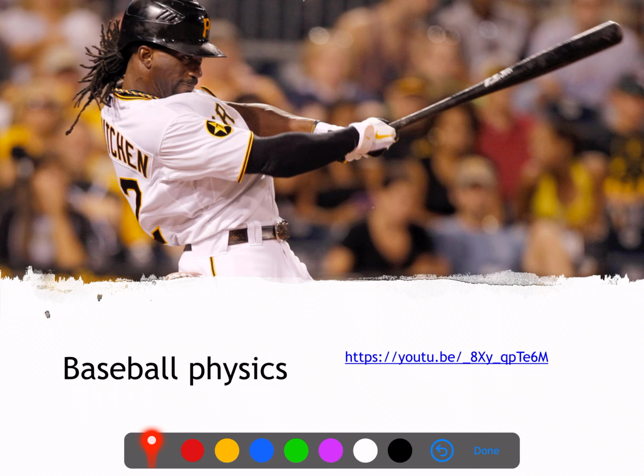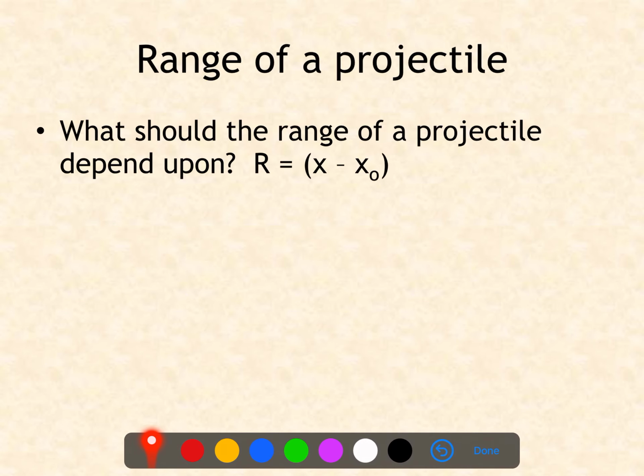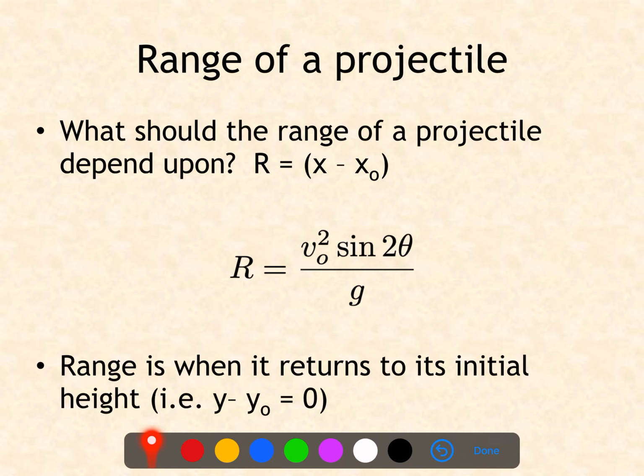You can go through the derivation in your book if you want, but you can just use this equation directly rather than combine equations. This equation will tell you the range of a projectile, in other words, its horizontal displacement. But in the derivation, as you'll see in the book, there is one important assumption, and that is that there's no height change in the vertical distance.